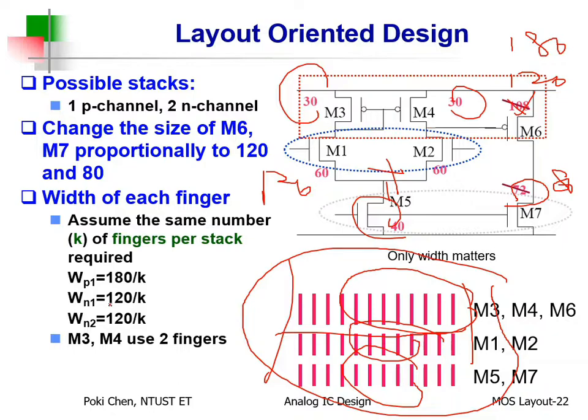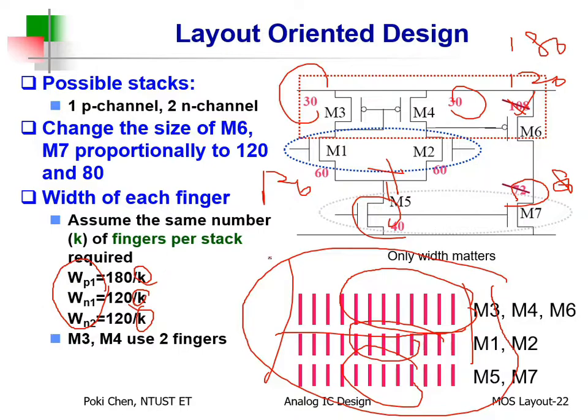How many fingers per stack? 每一折要有多少根呢？要把它叠在一起。So K is the number of fingers per stack, right?